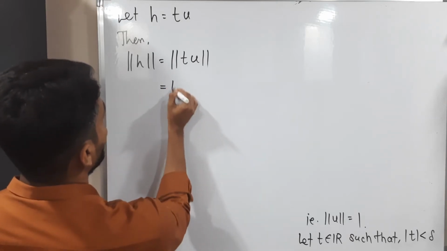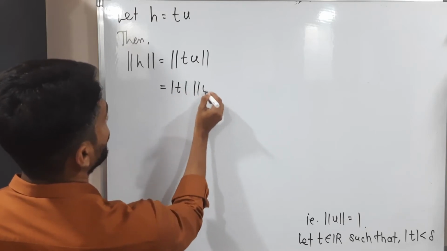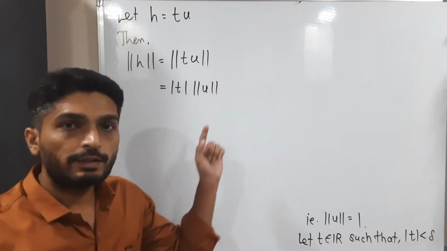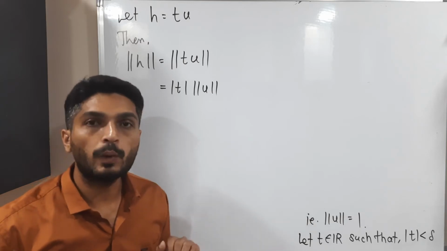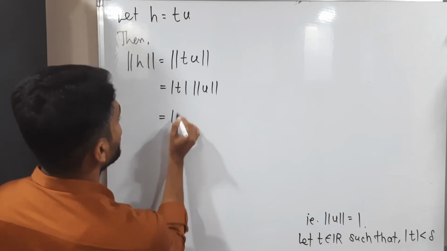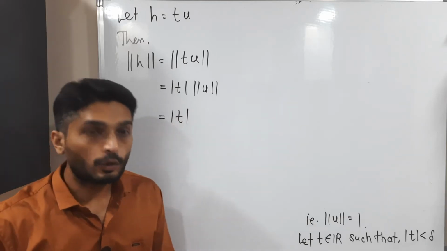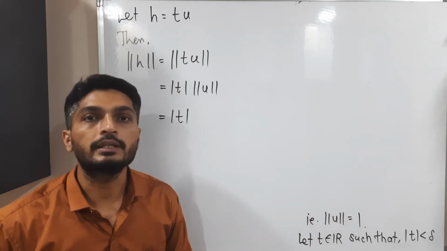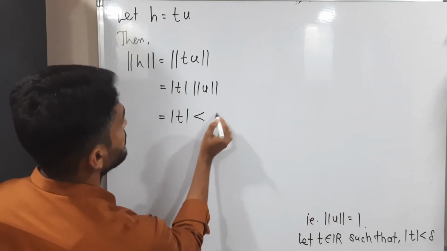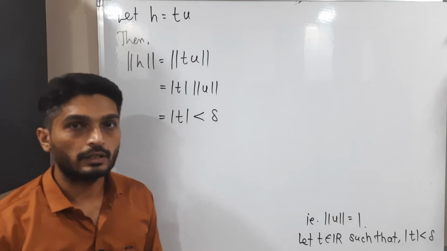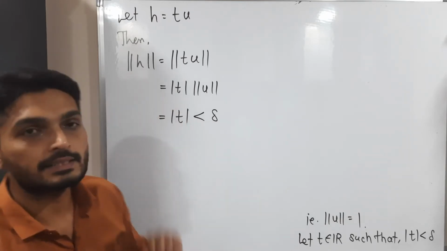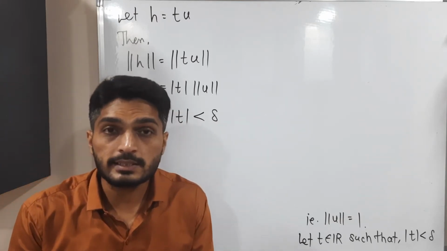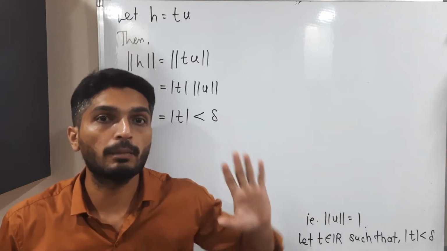So therefore, mod t norm u. The value of norm u is 1, so it is simply mod t. But already we have said mod t is less than delta. So we have got norm h is less than delta. When norm h is less than delta, we can use statement number 1.